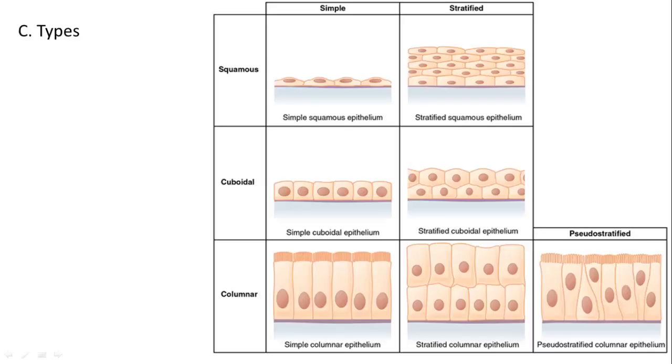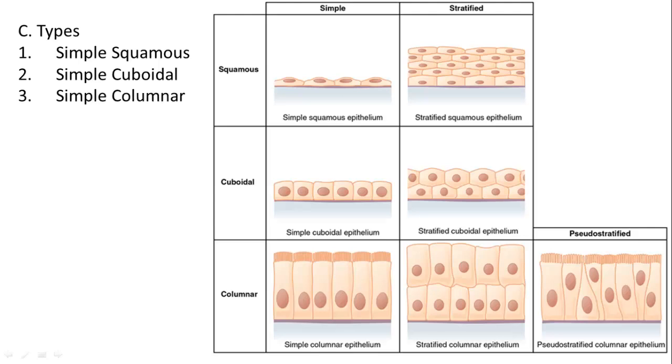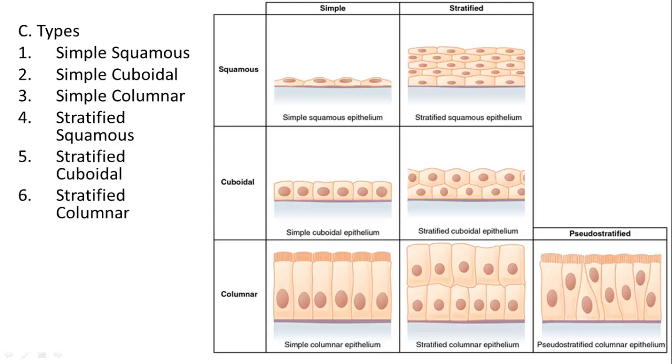We have simple squamous, simple cuboidal, and simple columnar. So those, three is well represented among those. We have stratified squamous, stratified cuboidal, and stratified columnar. We only have one arrangement of pseudostratified, or one shape of pseudostratified, which is columnar.